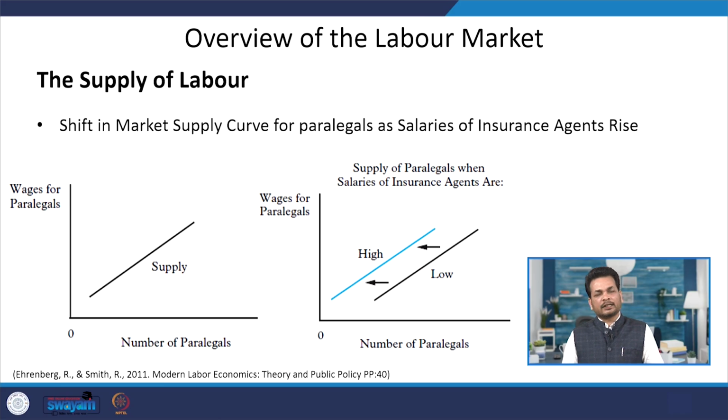Now, let us try to understand what the factors are that can affect the shift in the supply of these paralegals. As with demand curves, each supply curve is drawn holding the other prices and wages constant. If one or more of these other prices or wages were to change, it could cause the supply to shift.